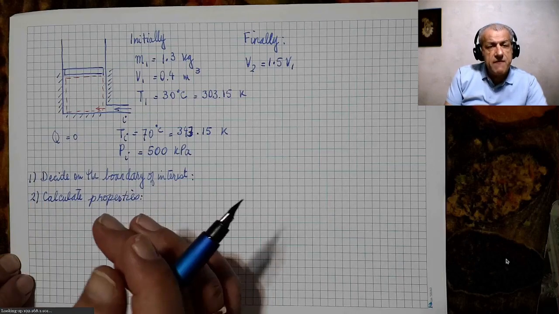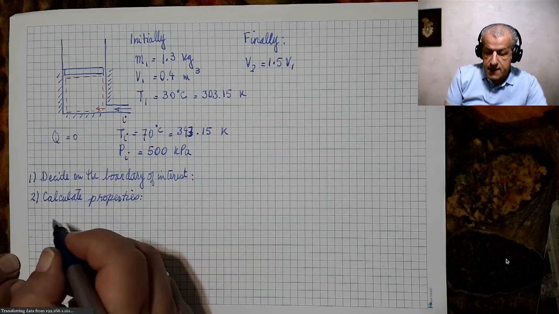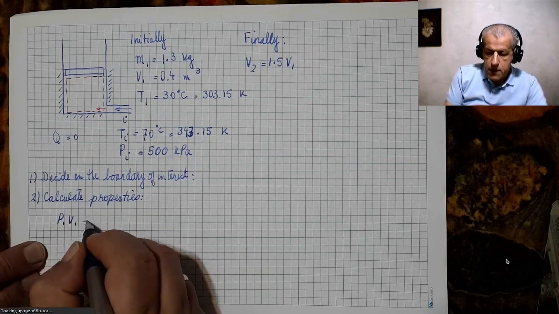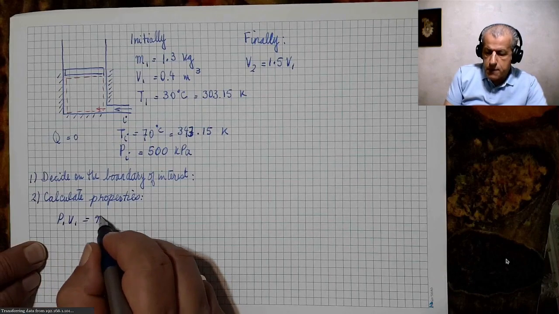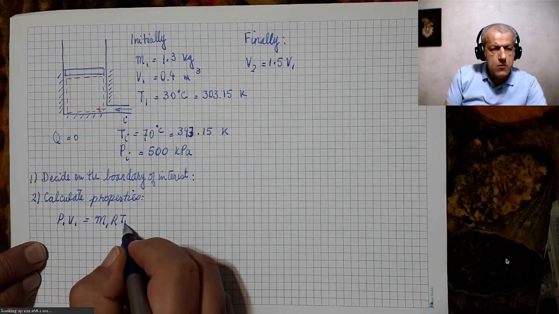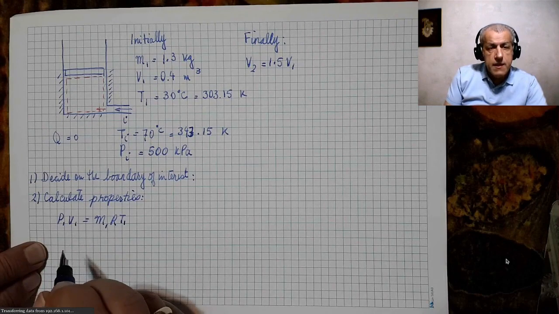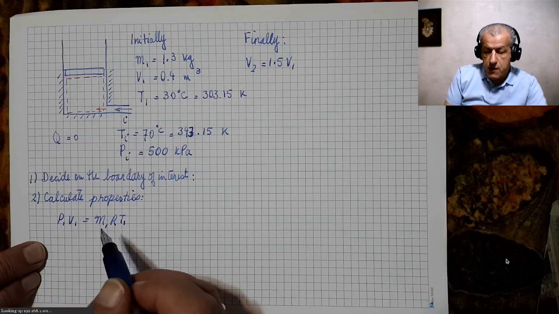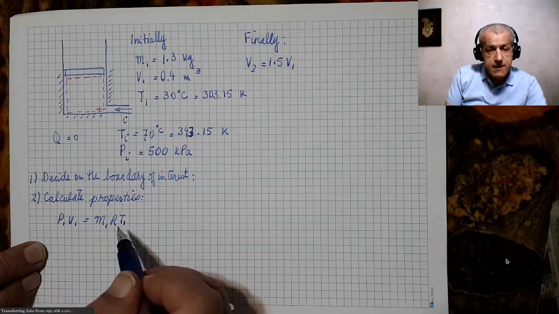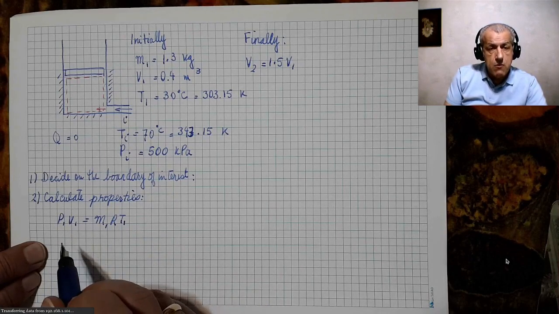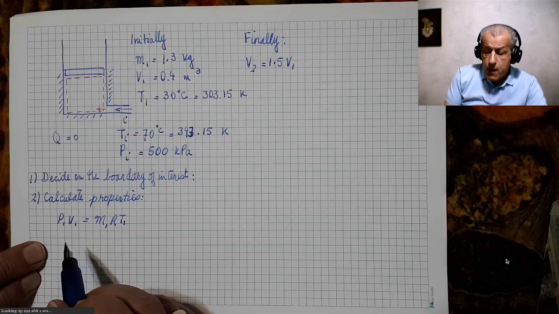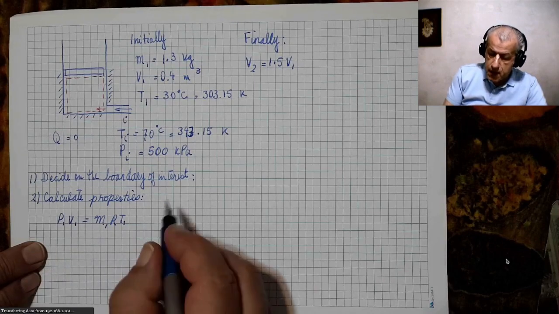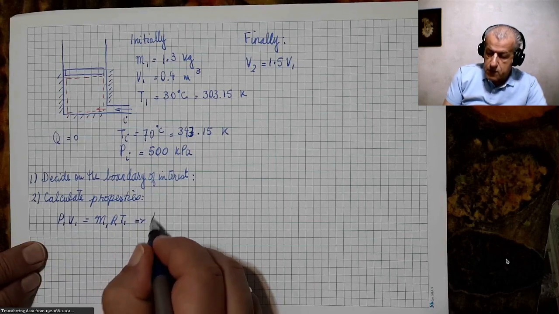We know that the perfect gas law tells us that P1 V1 equals m1 R T1. In this equation, we know the volume. We also know the initial mass and initial temperature. So we are able to calculate the initial pressure.